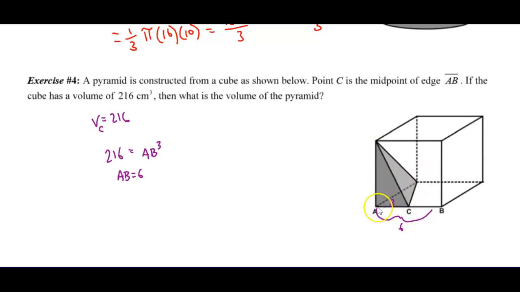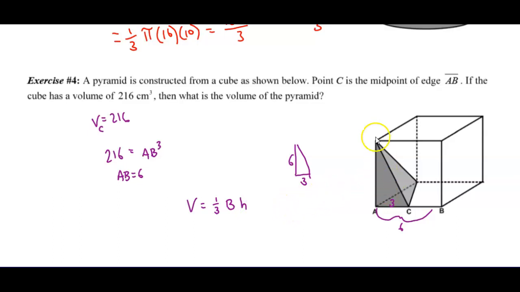And I think I'm going to need that for this pyramid. So what it looks to me like is the pyramid has a triangular base with a right angle and a 3 and a 6, right? So that's the base of my pyramid. And the formula for volume of a pyramid is 1/3 times the base area times the height.